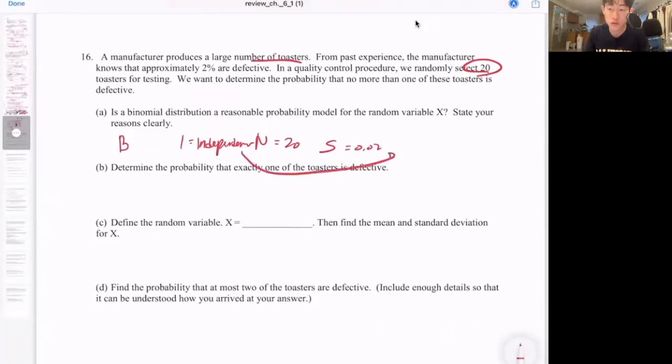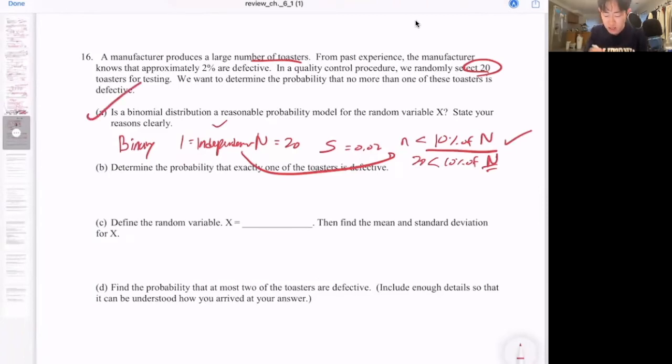To prove this, you can just use the 10% rule, where n is less than 10% of the population. Is 20 less than 10% of all the toasters being manufactured here? Yes, I can assume that, so it's independent. It's binary because we have defective versus non-defective. So yes, this is absolutely a binary situation.